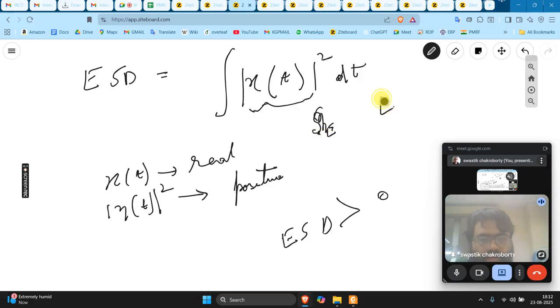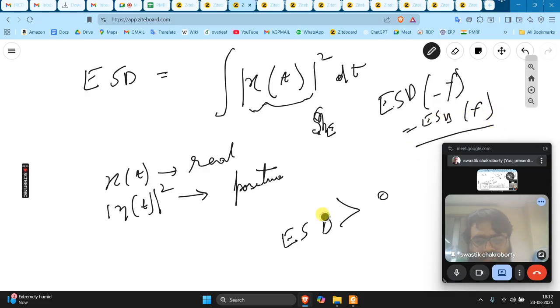So the ESD at a negative frequency is just equal to the ESD at the positive frequency. So ESD is an even function. So it is positive and it is even.